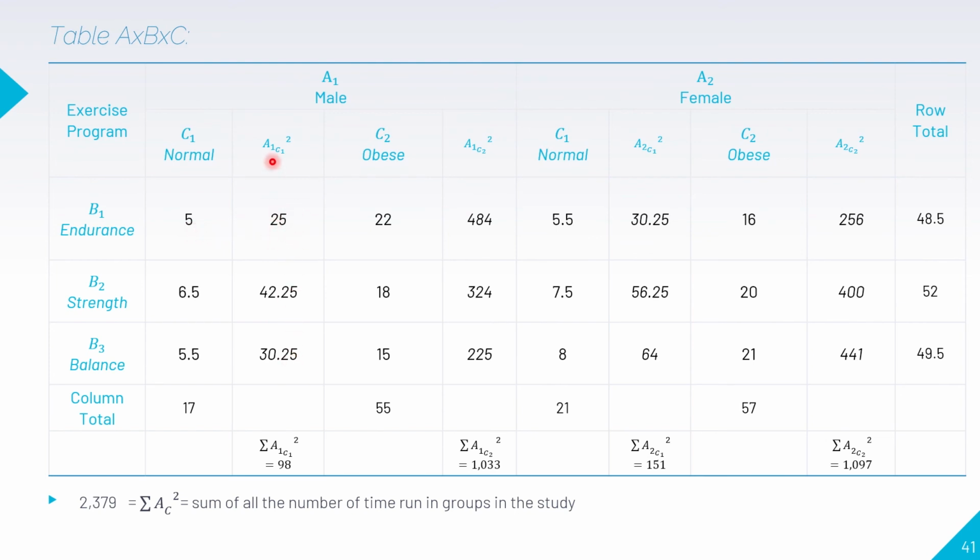Let's just add this, and we have this value 98. In our second column, we have 1033. Third column, we have 151, and we have 1097 in the last column. So let's just add these 4, and we have 2379 as our value.